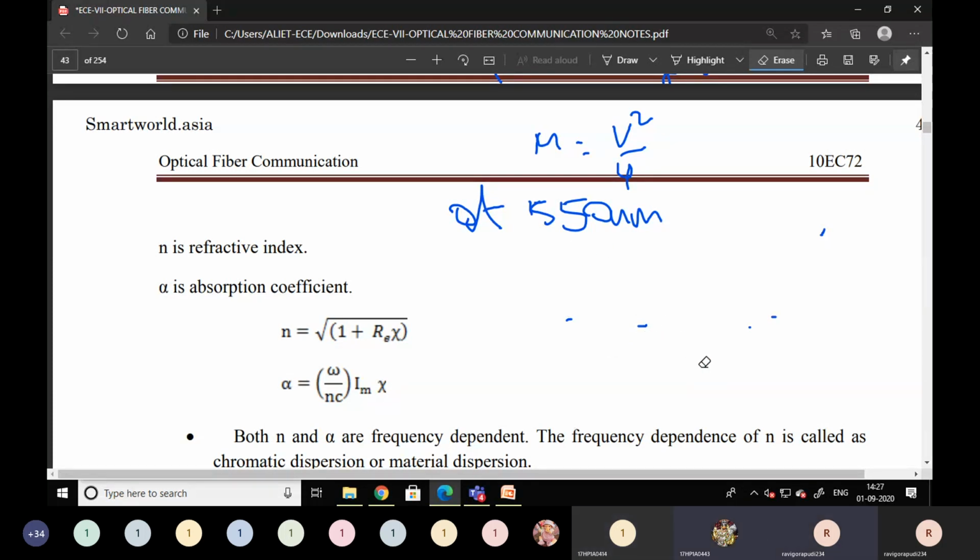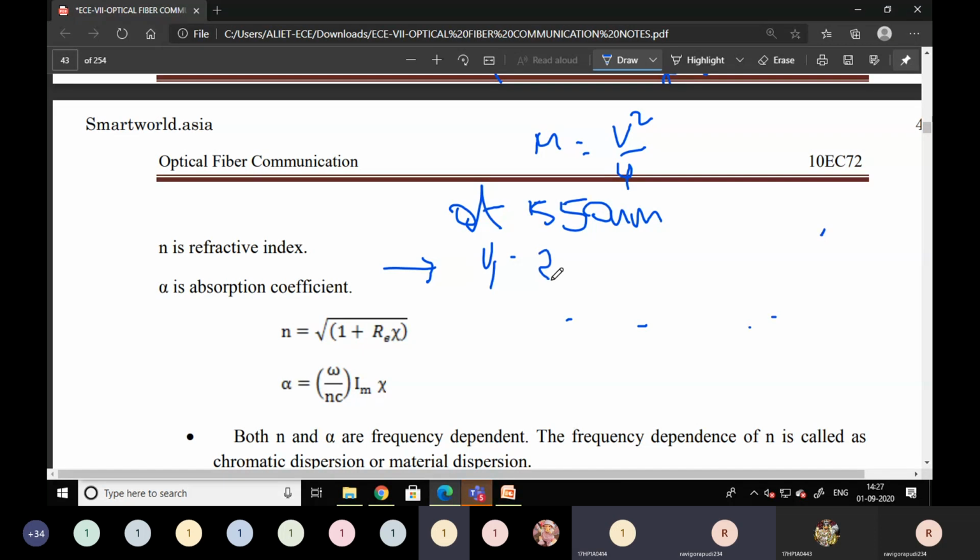What is the wavelength you have taken? 1550, sir. Then V is equal to 2 pi by lambda into NA. At 1550, the V number is V1.